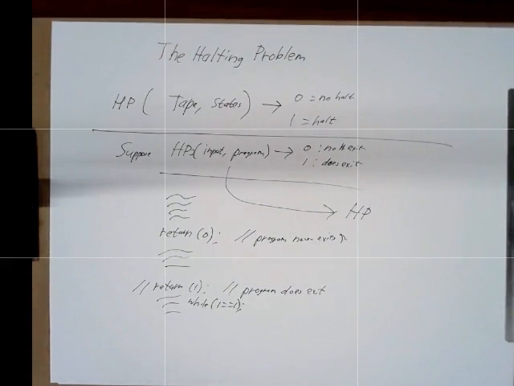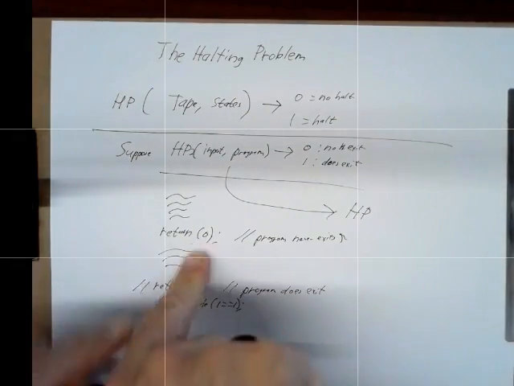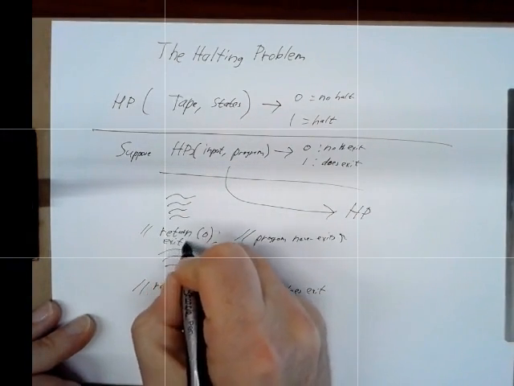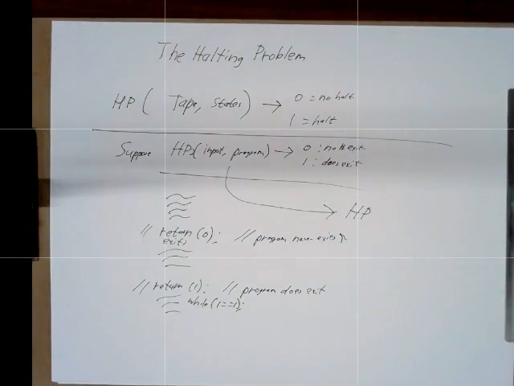Or your program's going to say, I've analyzed HP2 and it is never going to exit, but at that point it's going to do an exit statement. And again, your program has done the wrong thing. It's made the wrong prediction.